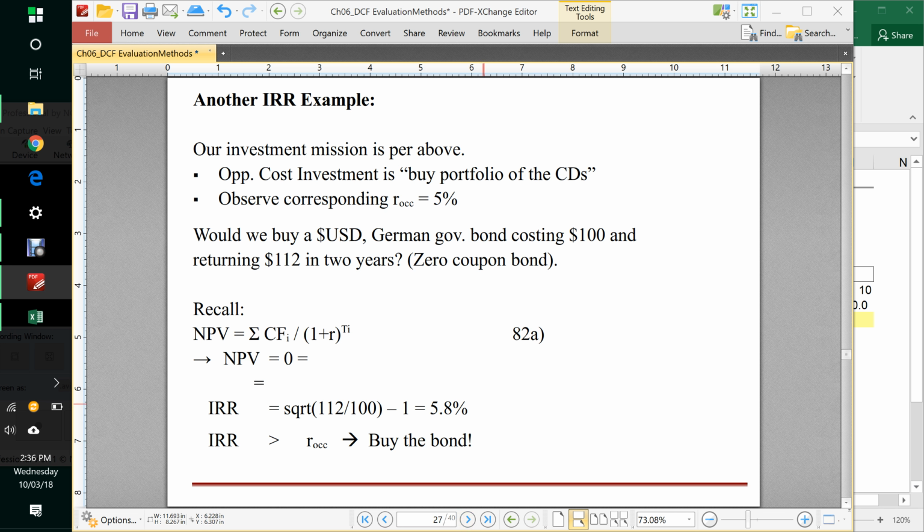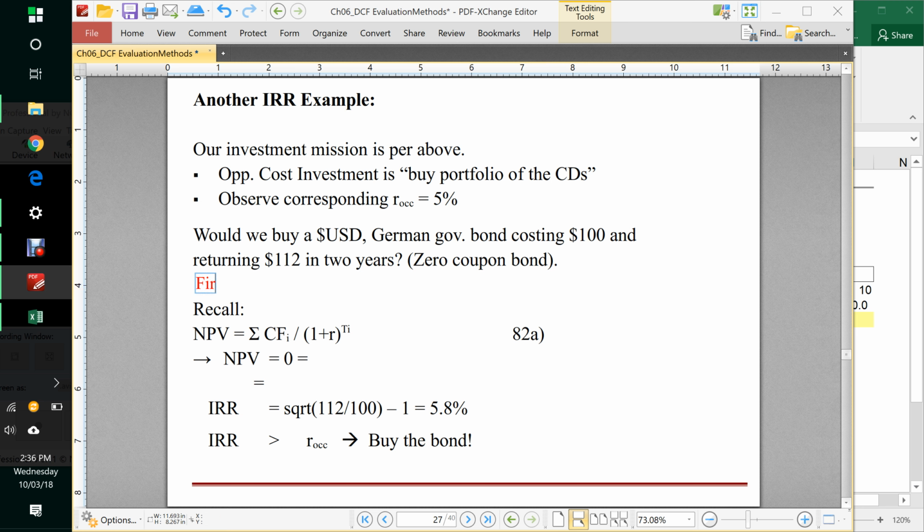All right. So here's another quick IRR example. Let's say we have the same investment mission, and our opportunity cost investment is buying the portfolio of CDs, opportunity cost of capital 5%. Should we buy a US dollar denominated German government bond costing 100 and returning 112 in 2 years?